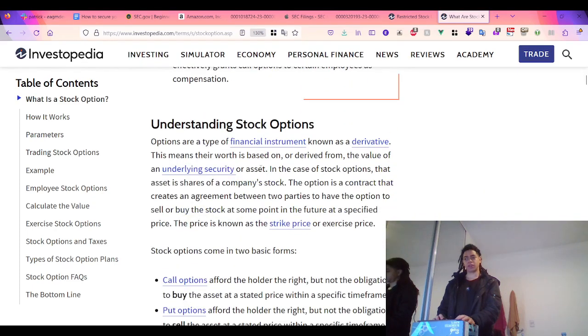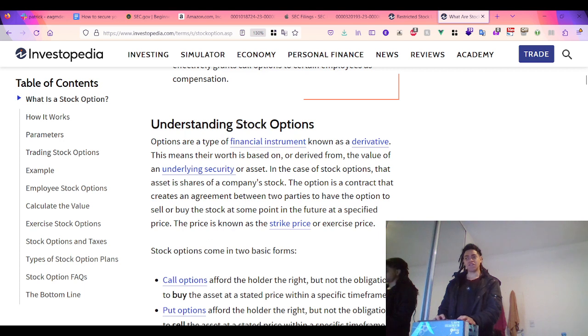Because of this, options are a type of financial instrument known as derivatives, meaning their worth is based on an underlying security or asset. Very, very important thing here.